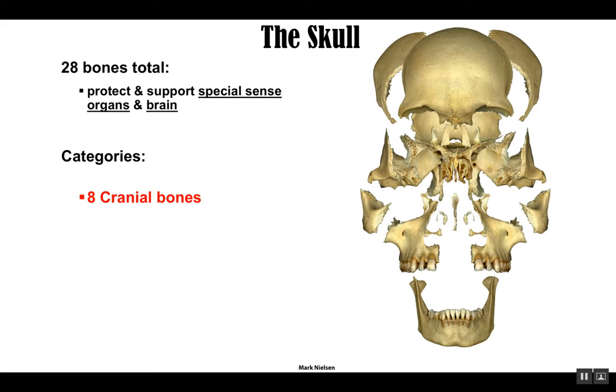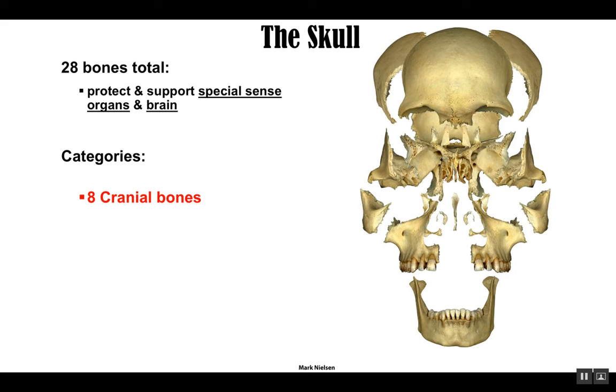And obviously, the skull is also used to house organs that allow you to chew your food, allow you to breathe in air, allow you to speak, and other functions.